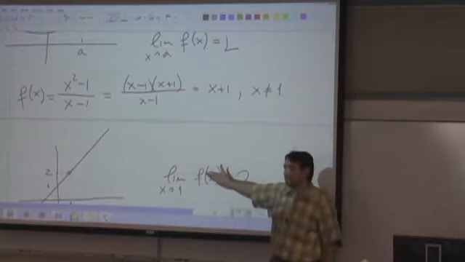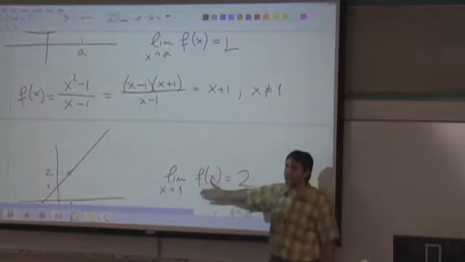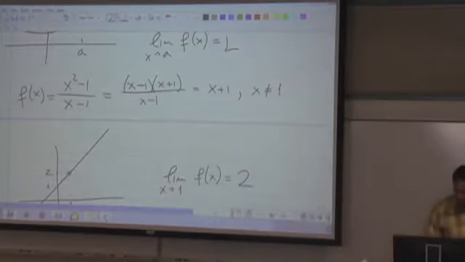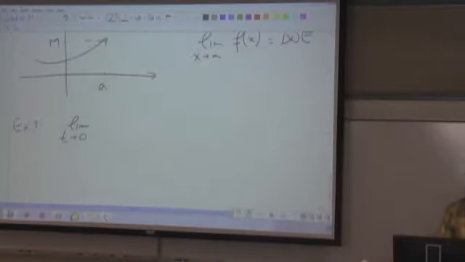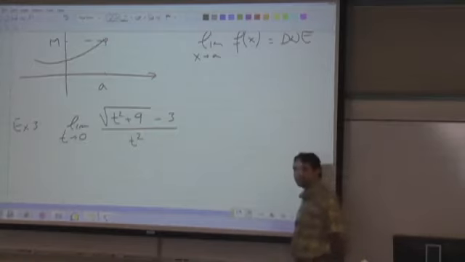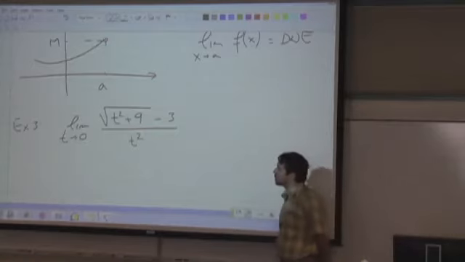Now the question is, given a function, are you going to be able to graph it or not? And chances are, you probably won't. Like for instance, example 3 has a function of the nature of the square root of t squared plus 9, minus 3, all divided by t squared.